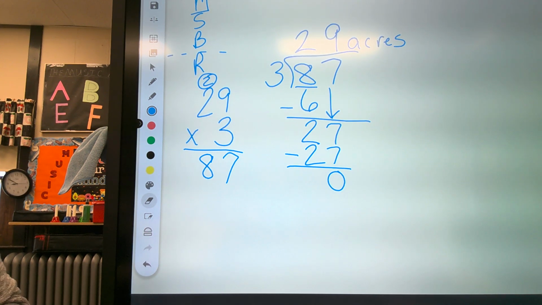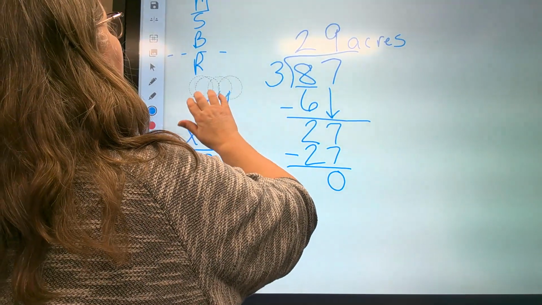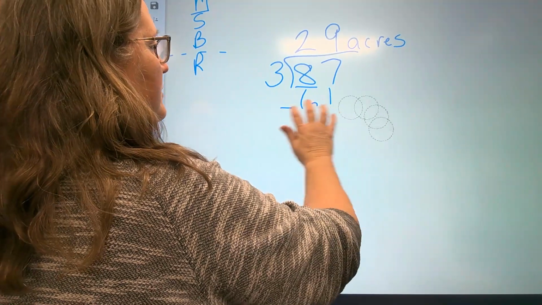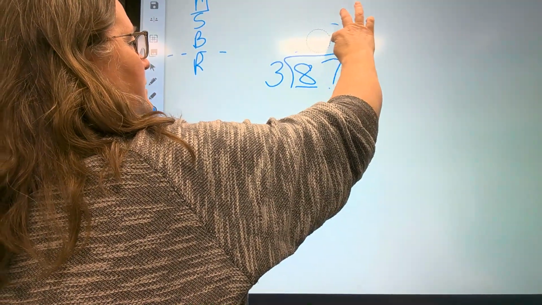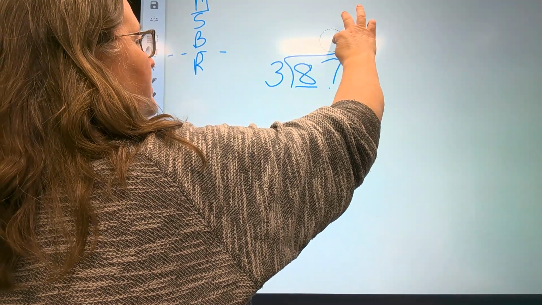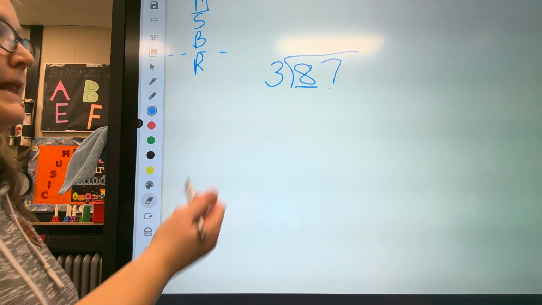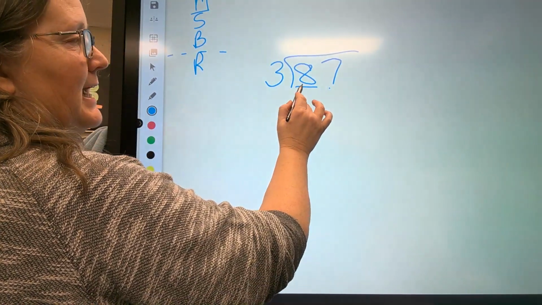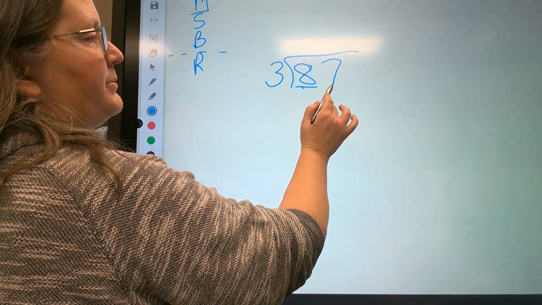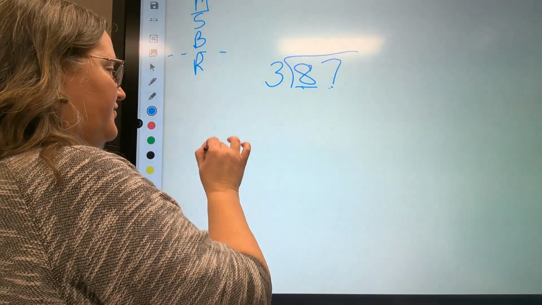Oh, there's a trick that you can know with 3s. There's a trick to know before I even start. This trick works with dividing by 3s, but only with 3s, okay? If my divisor is 3, I can take this number plus this number, 8 plus 7, equals 15.